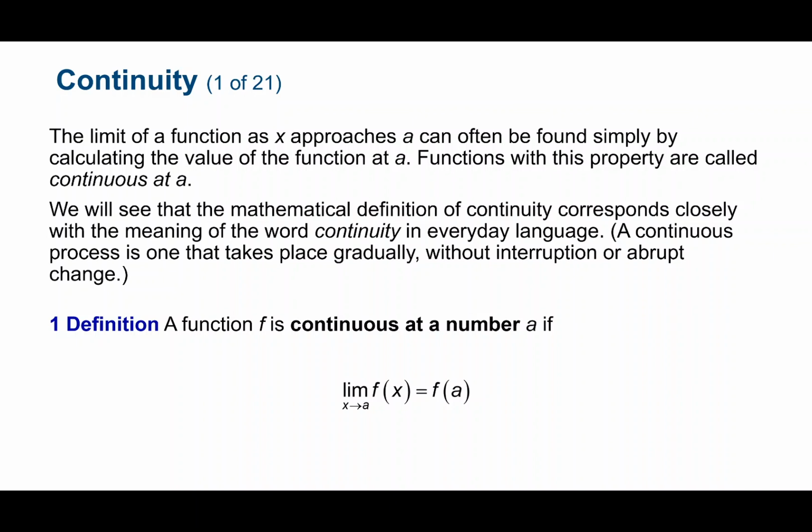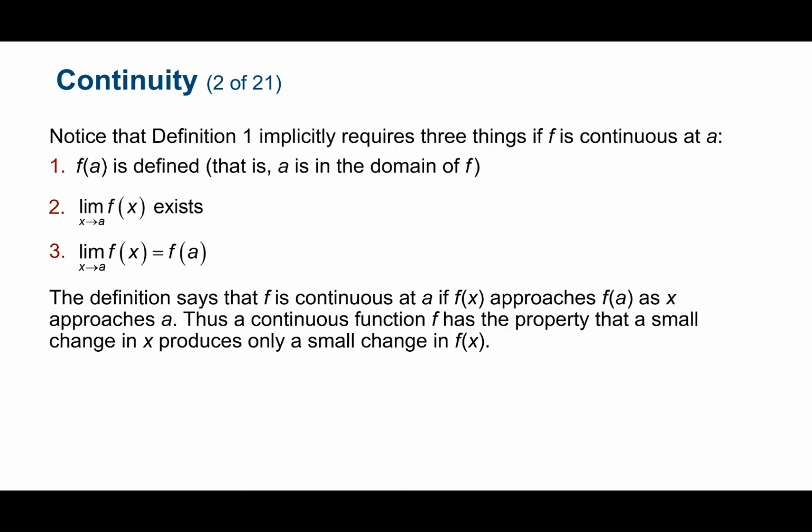If this side doesn't exist, we can't have this. Then number three says it more like this: the limit and the function value must match. That's the longer version of continuity. We need all three things.